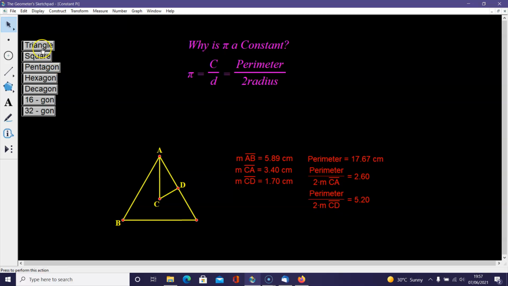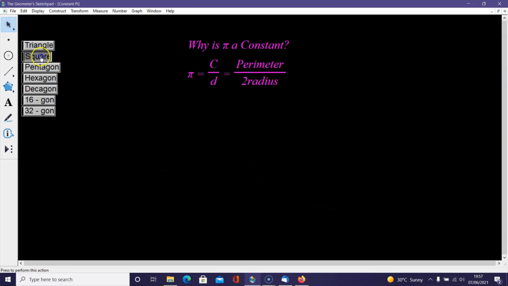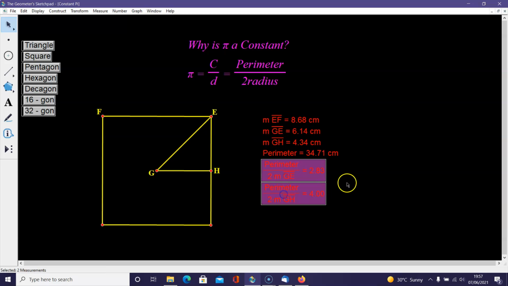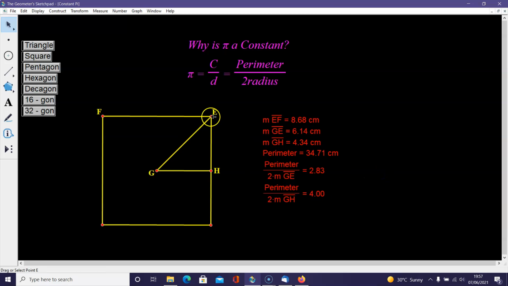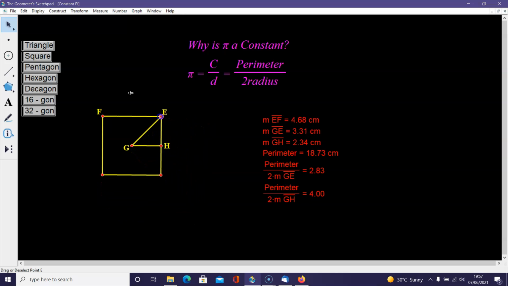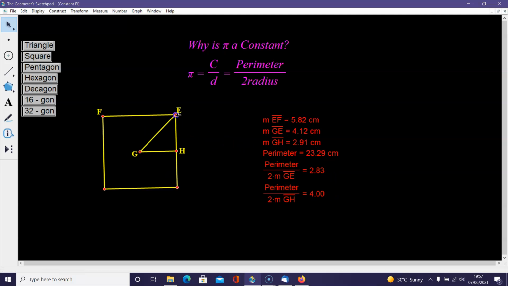All right, so let's hide the triangle, and now let's look at a square, and let's do the same thing with a square. It is a regular figure. I'm going to measure the distance from the center to a side and the center up to a corner. And we see we have these two measurements down here. And if I start adjusting how big this square is, all of these measurements change, but these ratios remain constant.